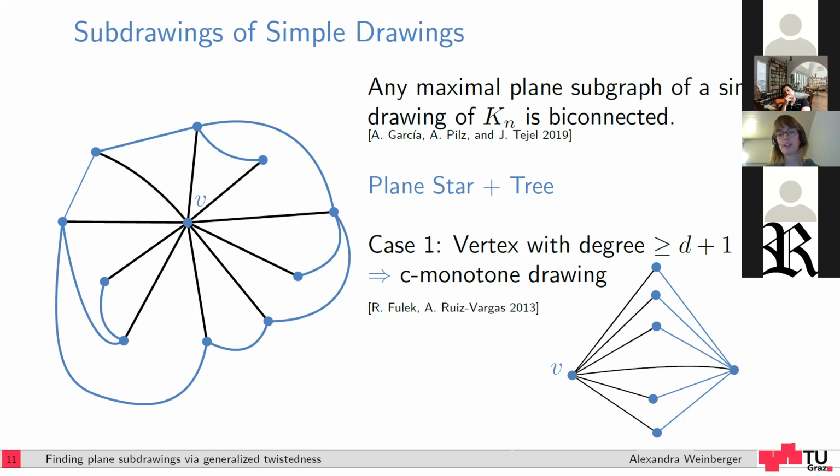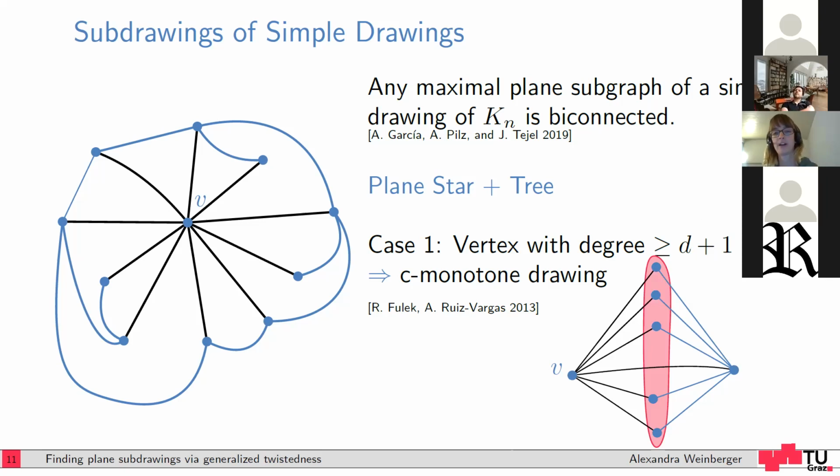Now, this drawing is of the form that if we leave out the edge from V to the vertex with high degree, then we have a plane K2D. And it is known for any plane K2 something, that if it's a subdrawing of a complete graph, then the vertices on the bigger part of the bipartition, in our case the D vertices, induce a C-monotone drawing.